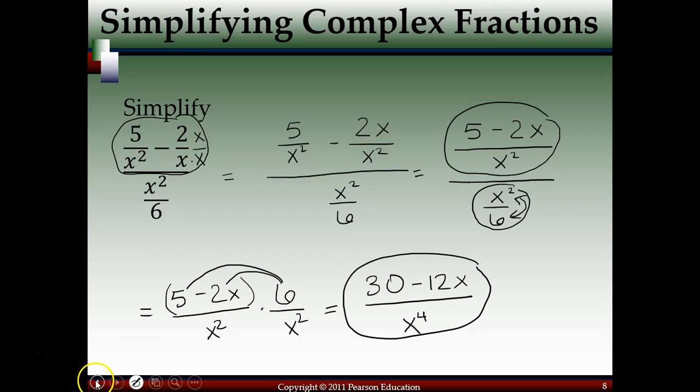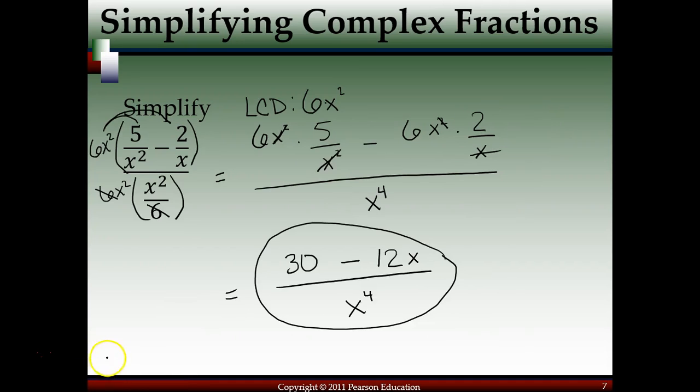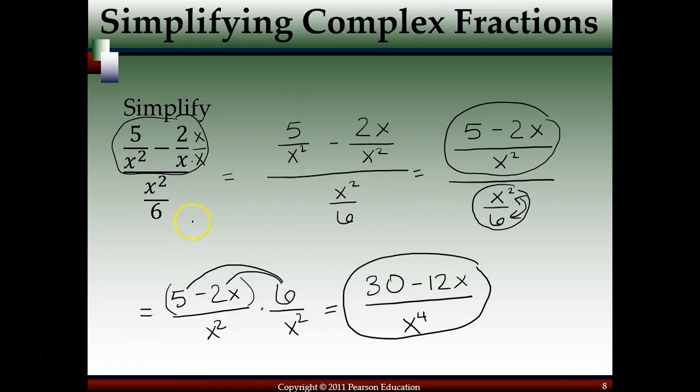There were less steps. I'm going to turn back so I can show you this. See, once we figured out what the LCD was and multiplied, we just multiplied this and we ended up with our answer. This one took us a bit longer.